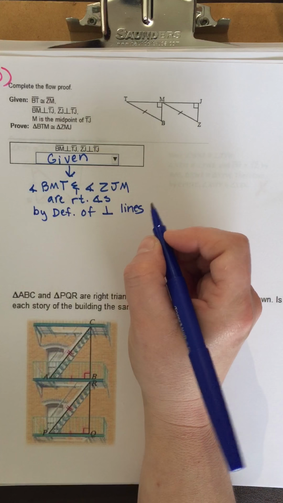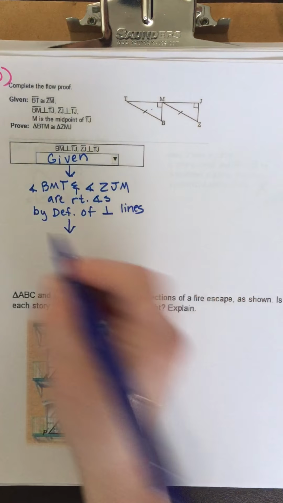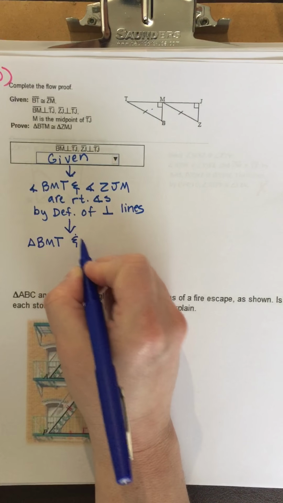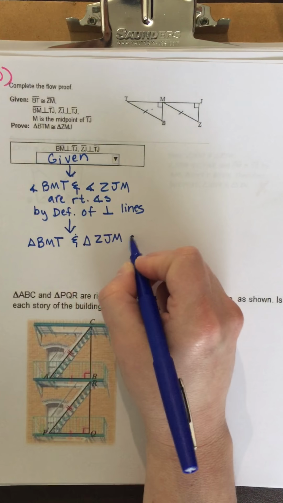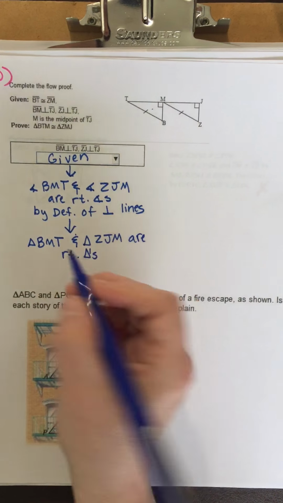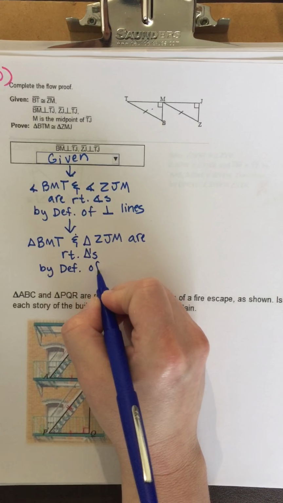Well, if those are right angles, then that makes those right triangles. So I can say that triangle BMT and triangle ZJM are right triangles. And that's the definition of a right triangle, having a right angle.